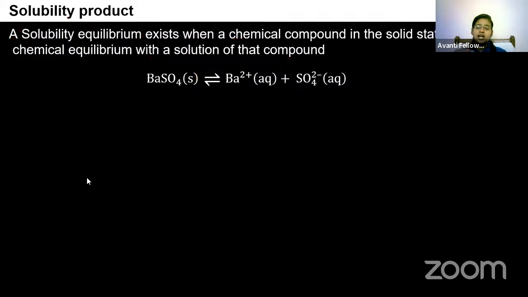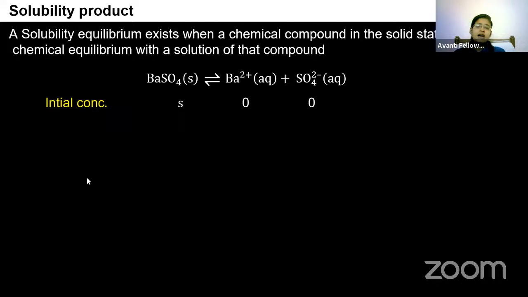Now, going ahead with this, initially, the concentration of BaSO4 is taken as S. Initially, there won't be any formation of product, so the concentration of Ba2+ ion and SO4 2- ion is 0.